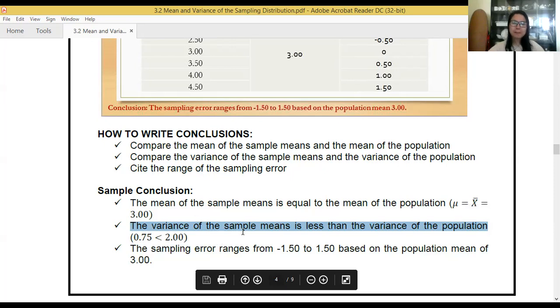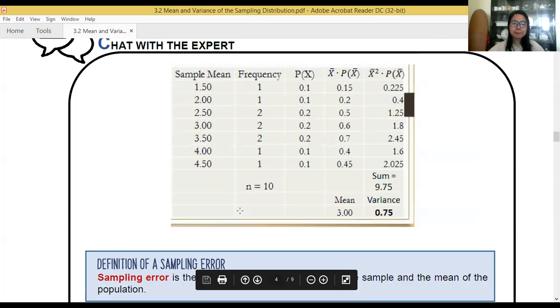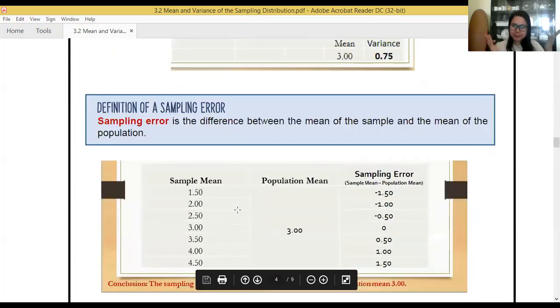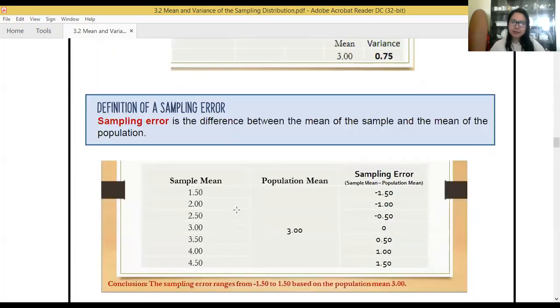The last one. Let's solve for the sampling error. What's a sampling error? The sampling error is the difference between the mean of the sample and the mean of the population. We say the mean of the population is the true mean, and the mean of the sample is the one from the sample, right?